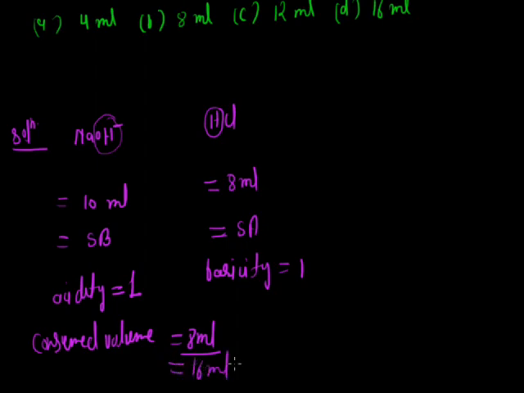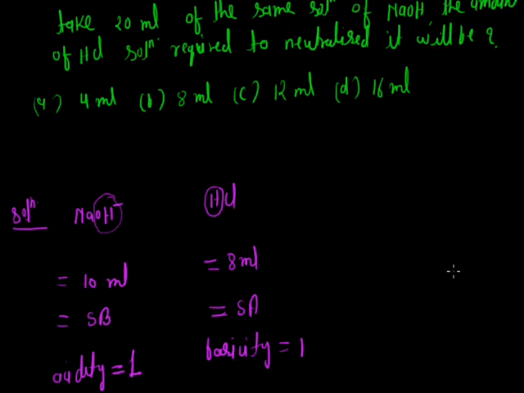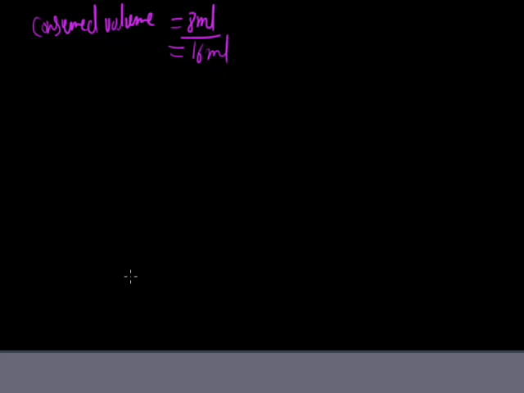So the answer will be D, that is 16 ml. The reaction is according to the HCl solution, not the NaOH solution. Now we take another question related to this.